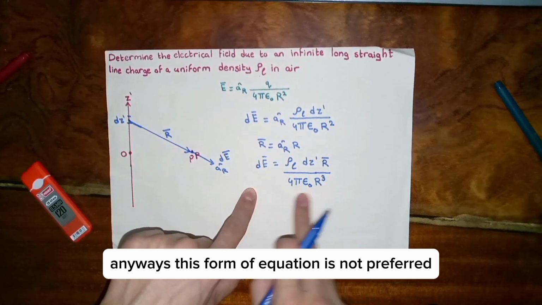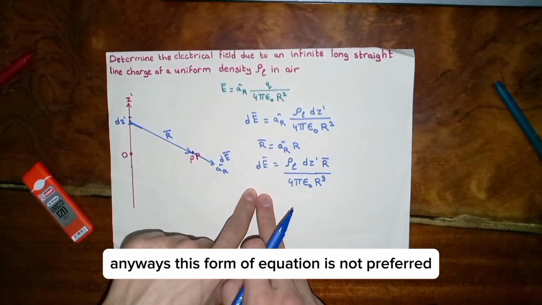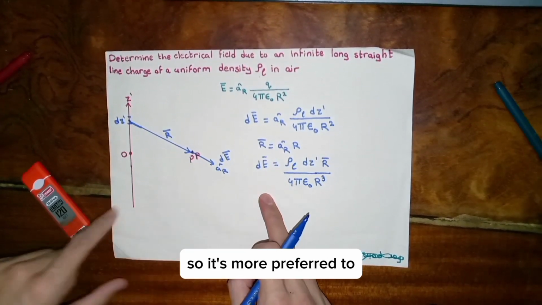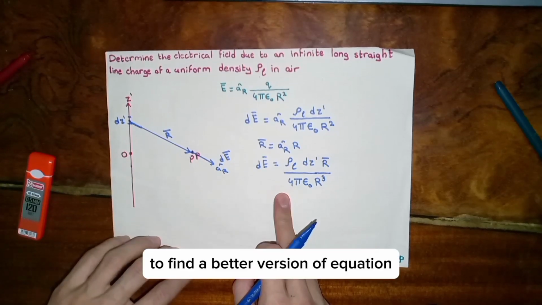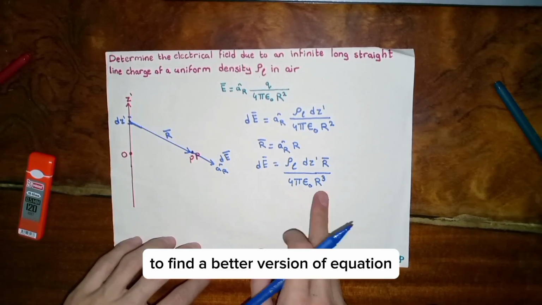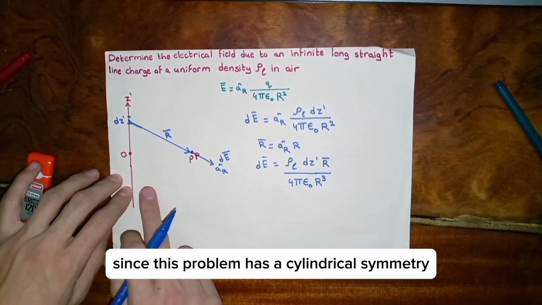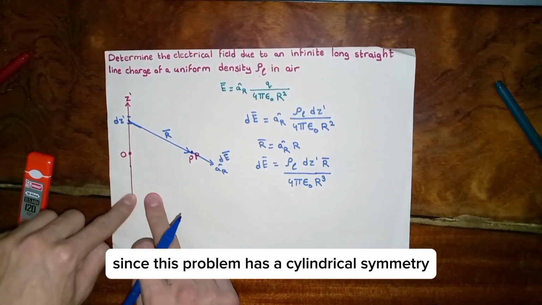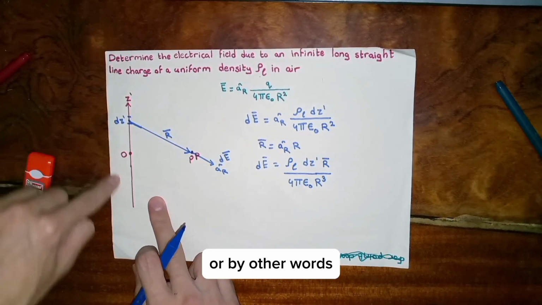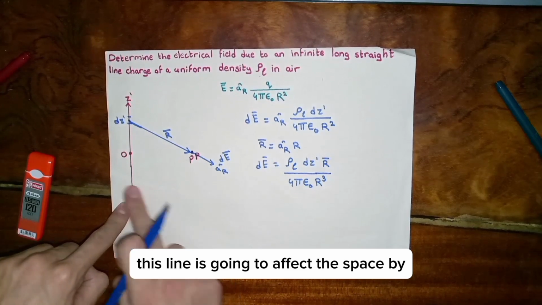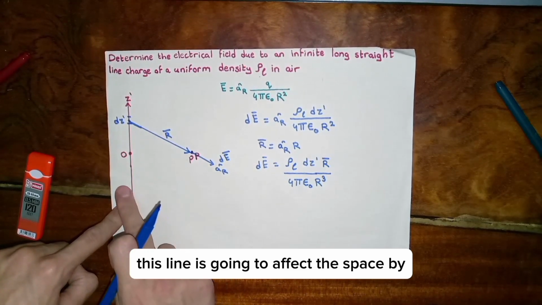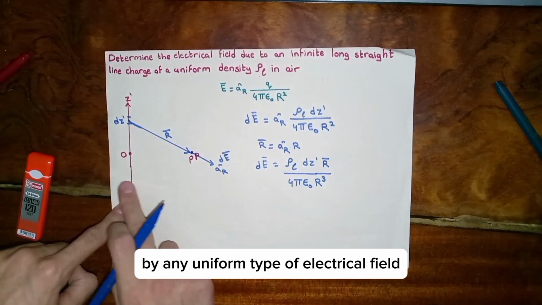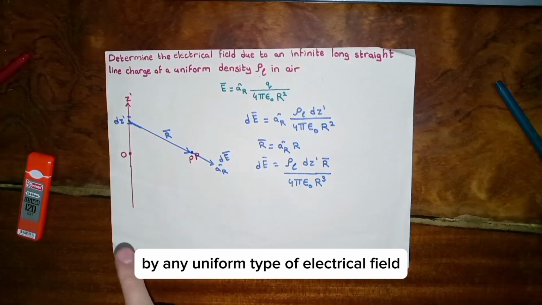Anyways, this form of equation is not preferred, so it's better to find a better version, since this problem has a cylindrical symmetry, or in other words, this line is going to affect the space by a uniform type of electrical field.